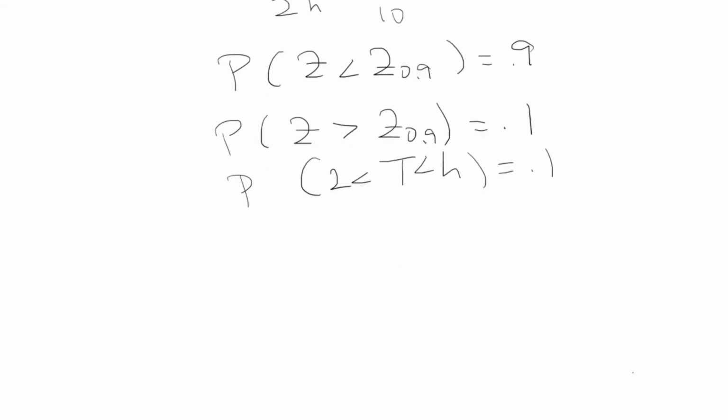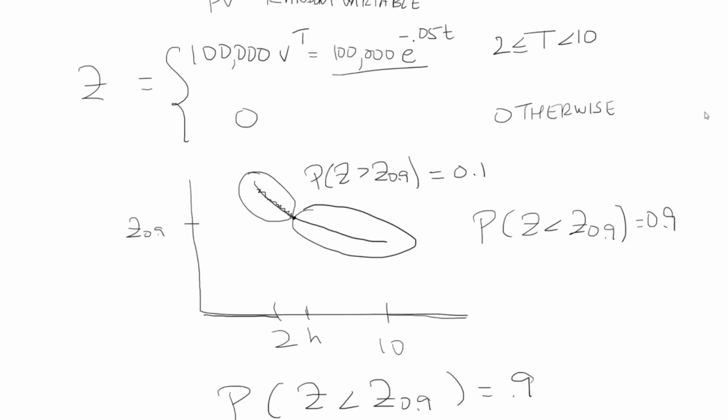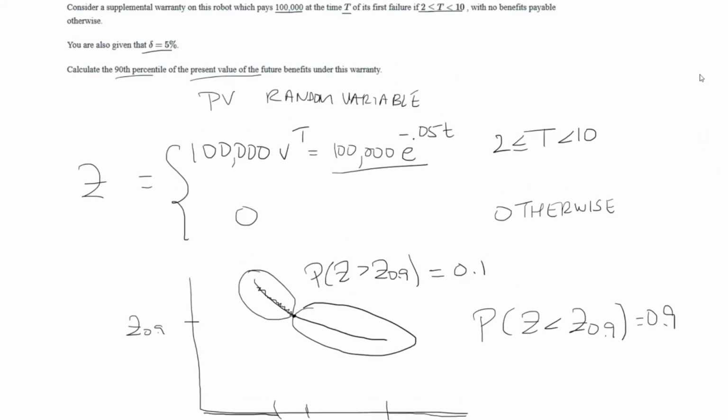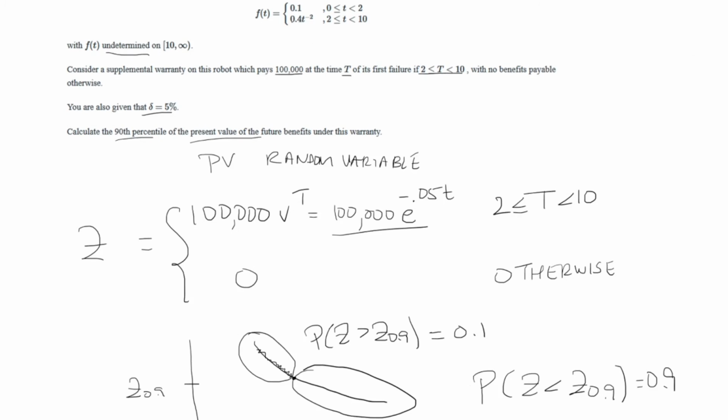So we can represent this as an integral from 2 to h of f of t dt. f of t was given in the beginning. From 2 to 10, it's 0.4 times t to the negative 2.